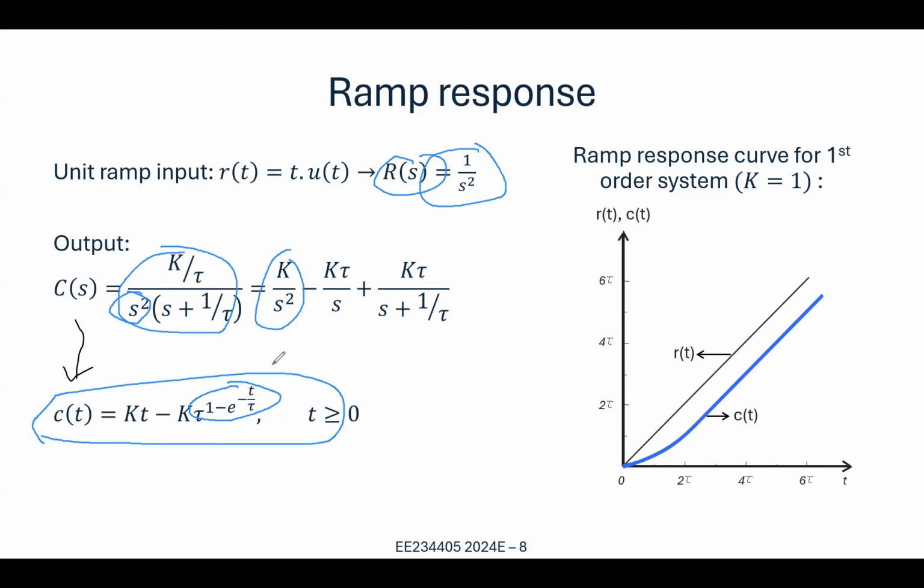Well, what happens if t is very high, or at infinite time? You have kt minus k tau times (1 minus e to the minus infinity), so the exponential term is 0, and this is k tau.